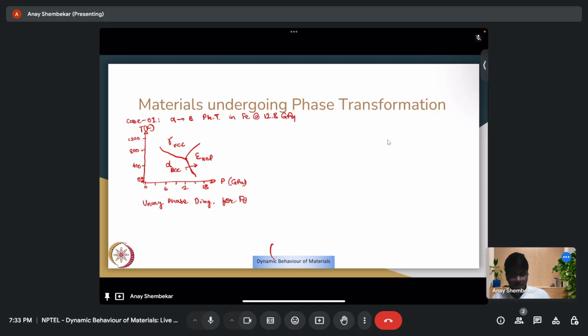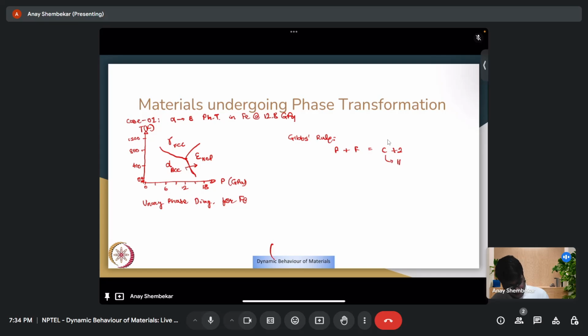And another important thing is the Gibbs rule. So the Gibbs rule is related to phase transformation. It goes like P plus F is equal to C plus 2.